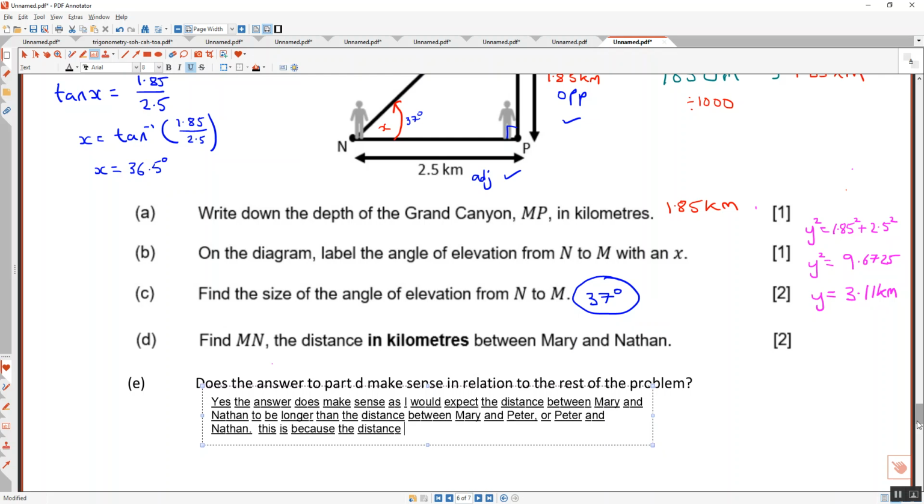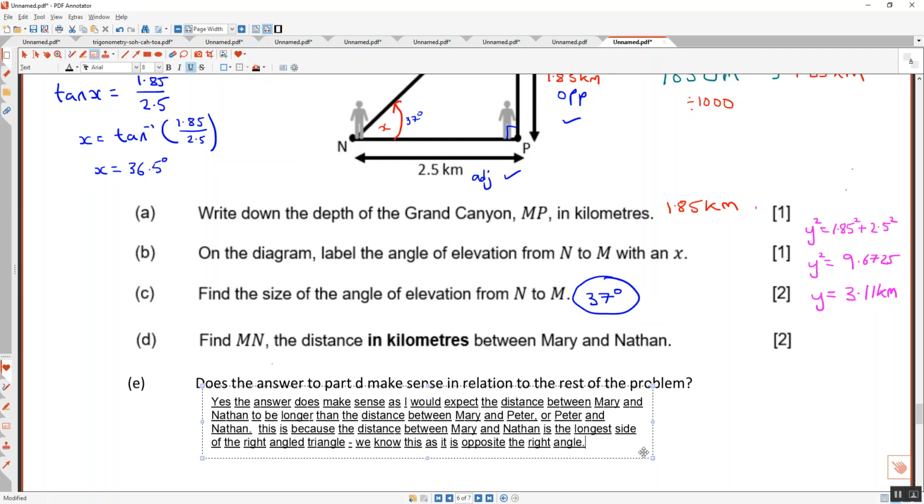the distance between Mary and Nathan is the longest side of the right-angled triangle. We know this as it is opposite the right angle.